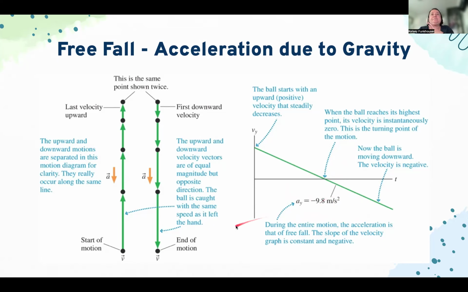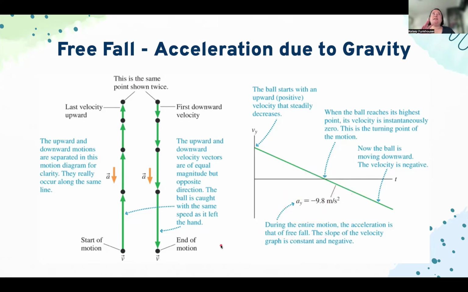And we're not gonna do this ourselves, but if we wanted to, we could test this. You could, for example, since this is a velocity versus time graph, if you had a way of measuring the velocity of an object, you could measure it at different time points and then plot it, and the slope of your line would be pretty close to this negative 9.8.